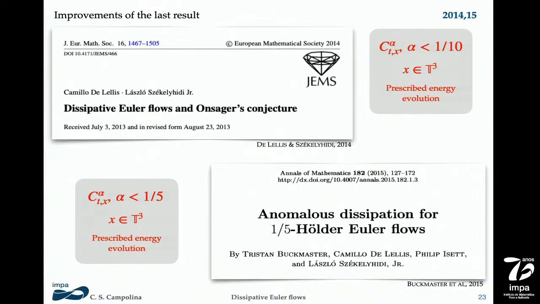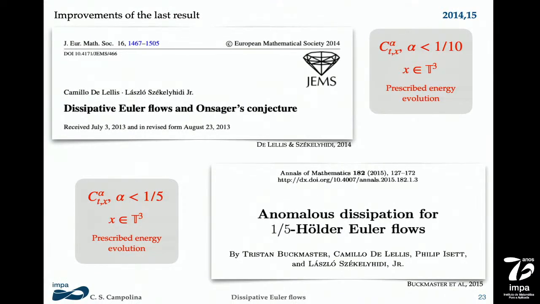And in a later paper, one year later, they show that actually we can extend to 1/5. And here we have more people working together. Besides De Lellis and Székelyhidi, we have Philip Isett and Buckmaster. Okay. But essentially, it's the same technique, the same results, the same theorem, except for the regularity of the solution.